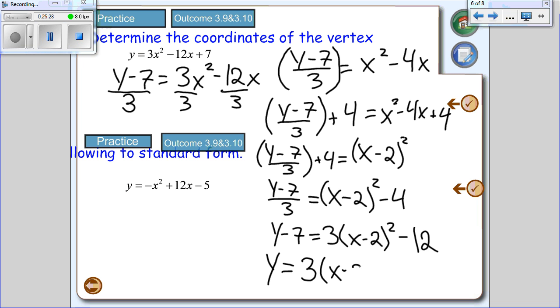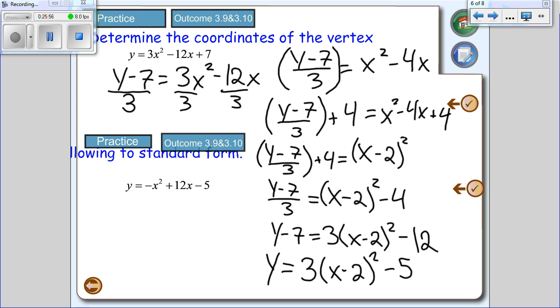Okay, so let's run through that together. Full recap. I'm going to let you write that down. So just start hammering that out. We had a question. The question said, determine the vertex. We knew we could determine the vertex by putting it in vertex form.